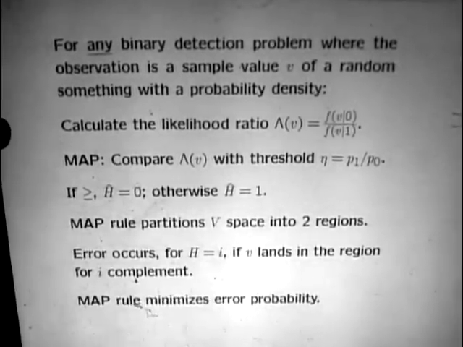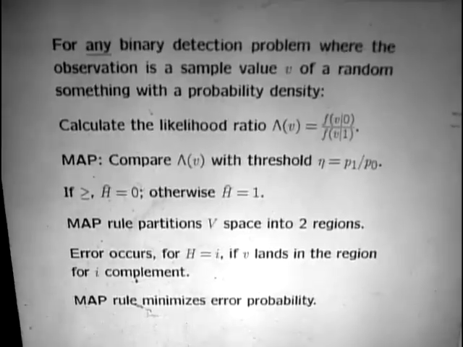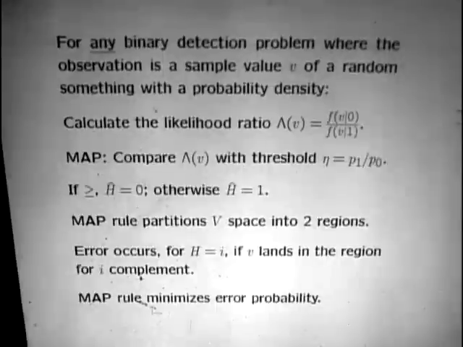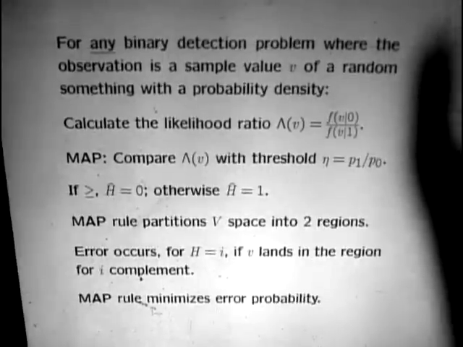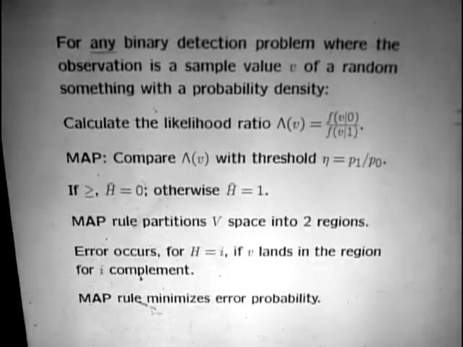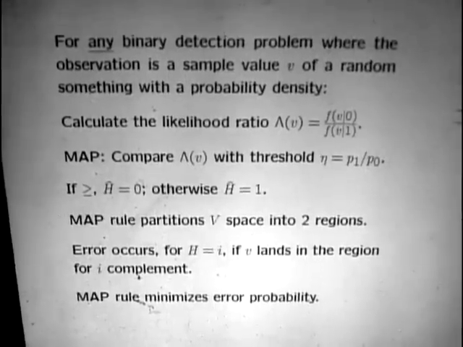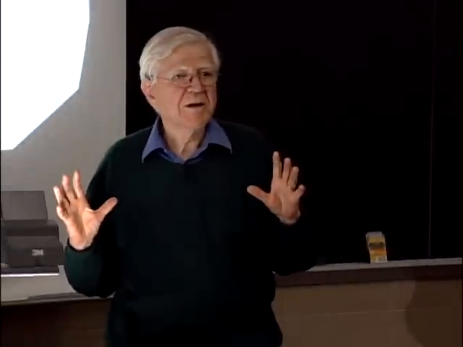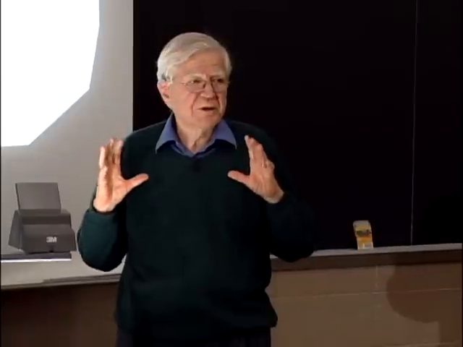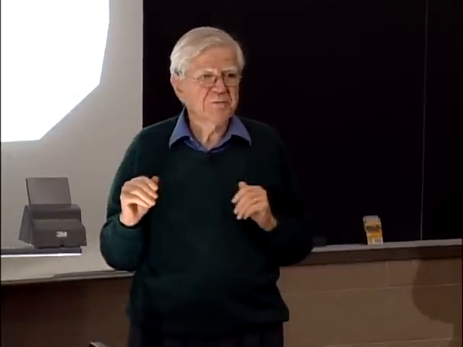Otherwise, you choose 1. The MAP rule, as we said before, partitions this observation space into two pieces, into two segments. And one of those pieces gets mapped into 0. One of the pieces gets mapped into 1. It's exactly like a binary quantizer, except the rule you use to choose the quantization regions is different.